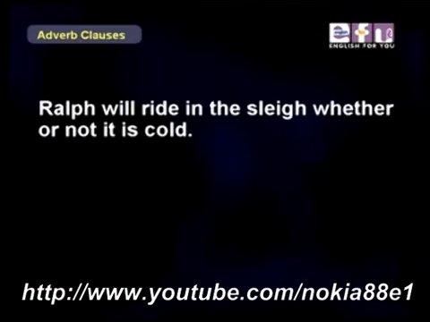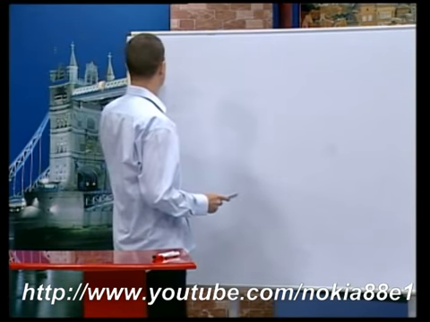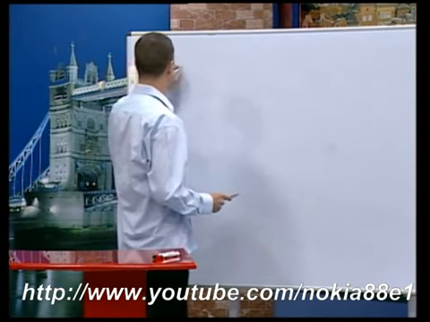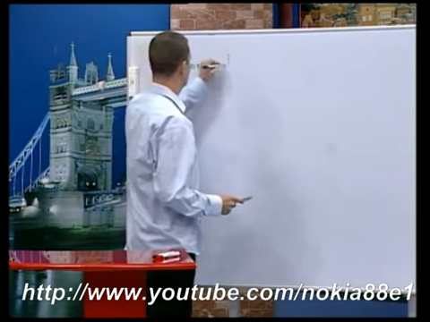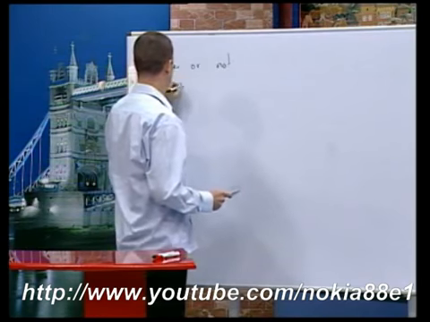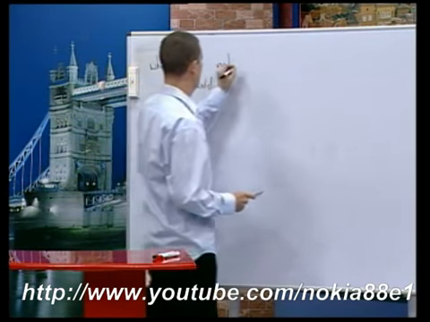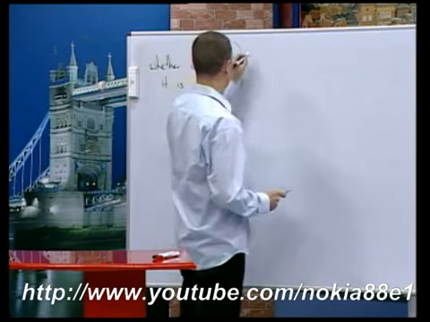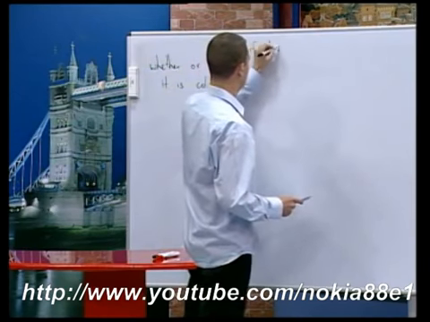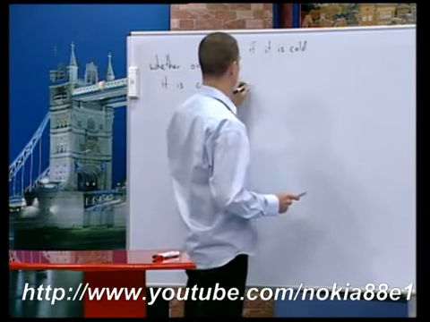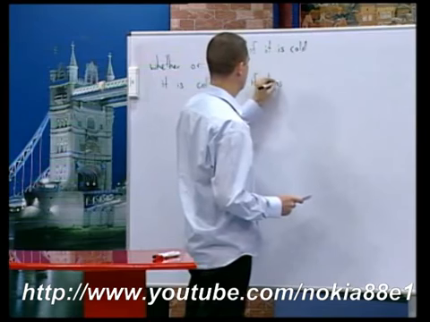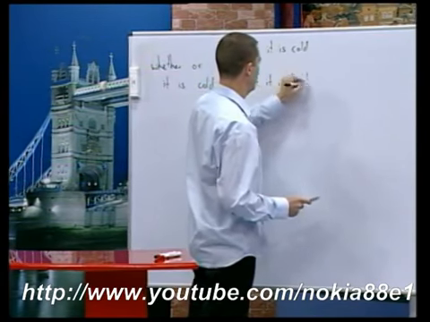In the first sentence, if it is cold, Ralph will ride in the sleigh. If it's not cold, Ralph will ride in the sleigh. Let's look at it on the board. Let's think: whether or not it is cold. This means, if it is cold, if it isn't cold.